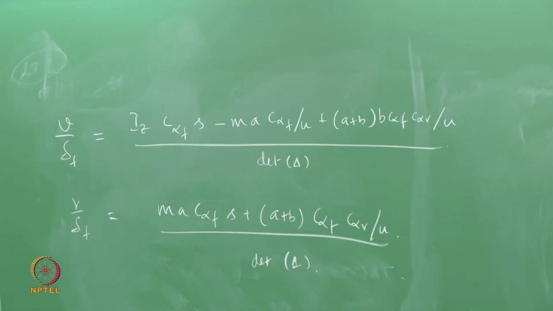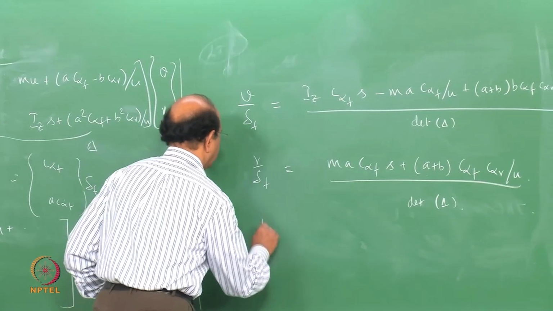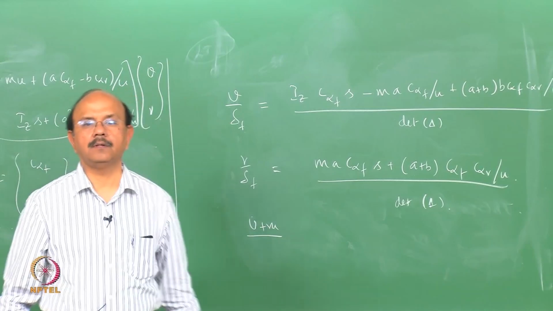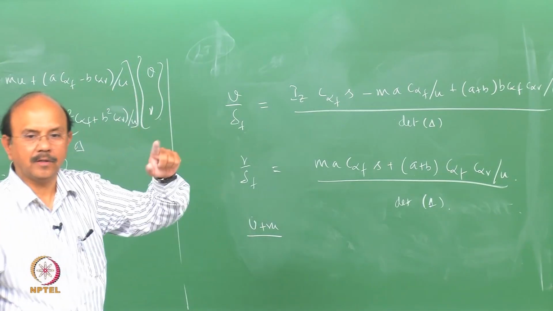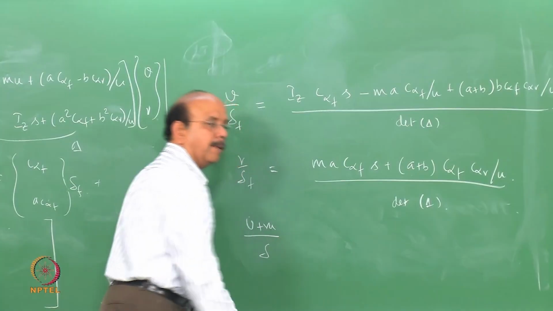Now, if I want the lateral acceleration, then V dot plus RU, remember that's what we had in our expression, is equal to delta divided by delta.